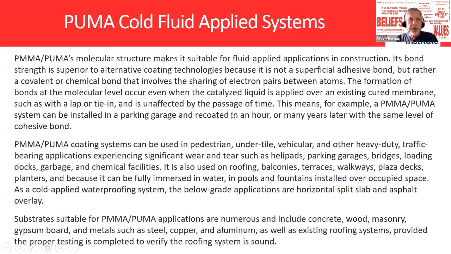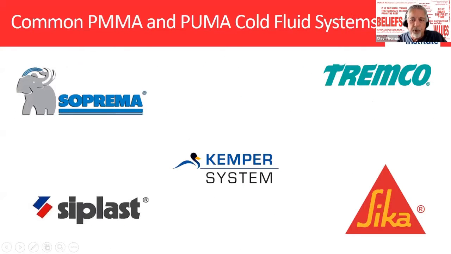A lot of times they use the technology between slabs and under traffic conditions. Won't get into too much of the chemistry. It goes over substrates like concrete, masonry, wood, gypsum board. Here are some of the PMMA and PUMA manufacturers we commonly see in the marketplace.